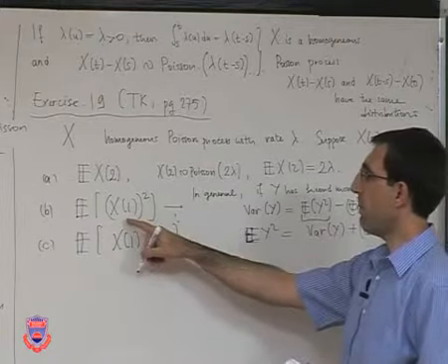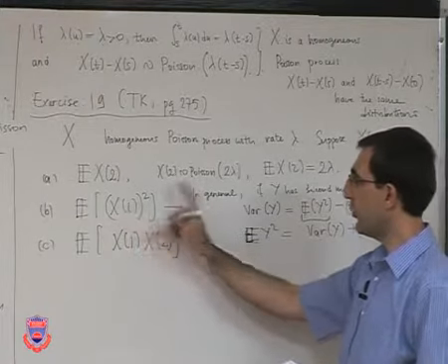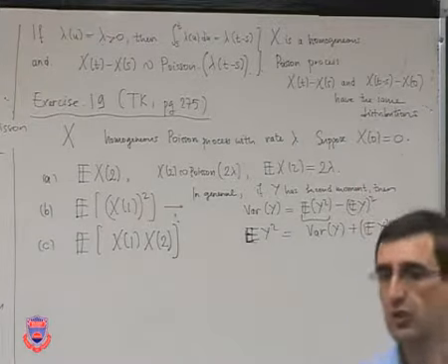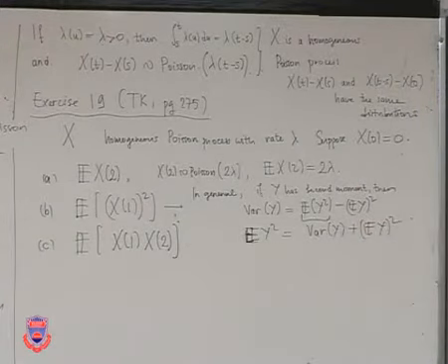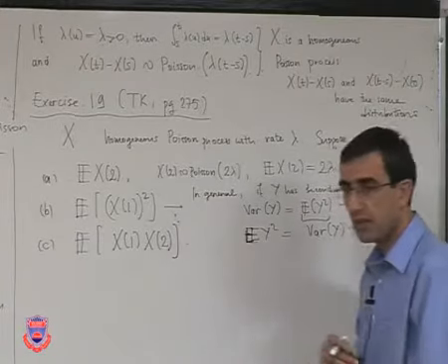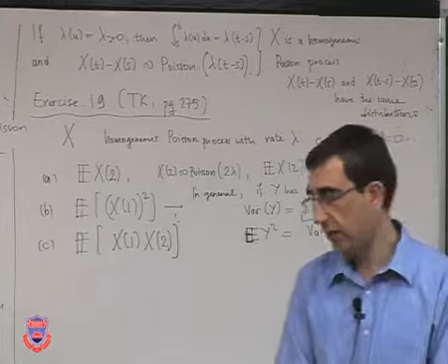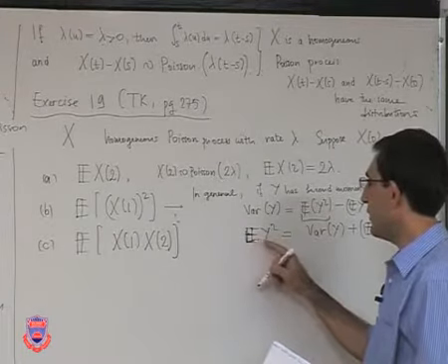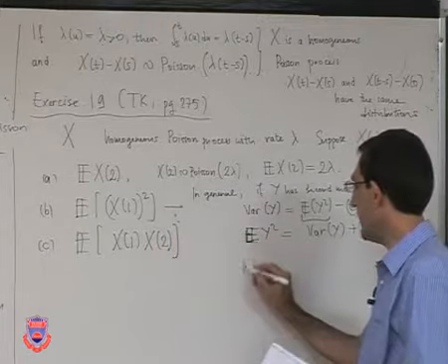Now we know that x1 has Poisson distribution with mean lambda, and Poisson distribution has all the moments, and in particular its variance and its mean are the same and equal lambda, right?